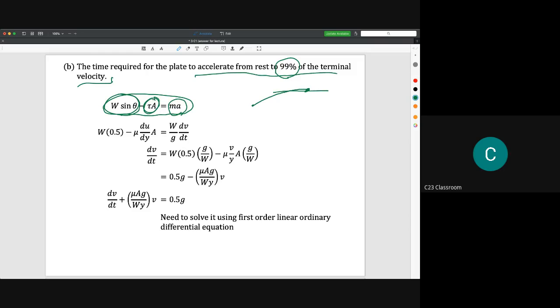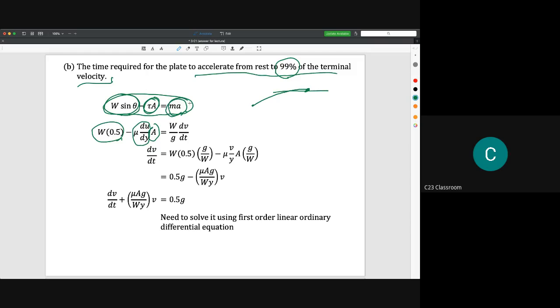We know that the angle is 30 degrees, so we could replace sine theta with 0.5. Tau is mu du dy, and A is the area that makes contact with the lubricant, with the oil.